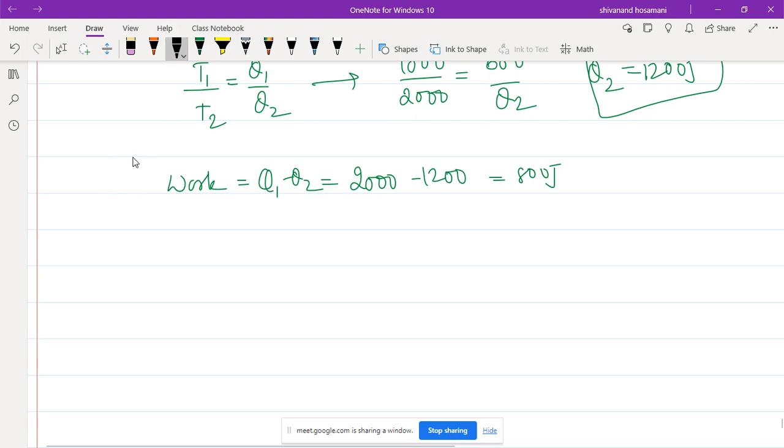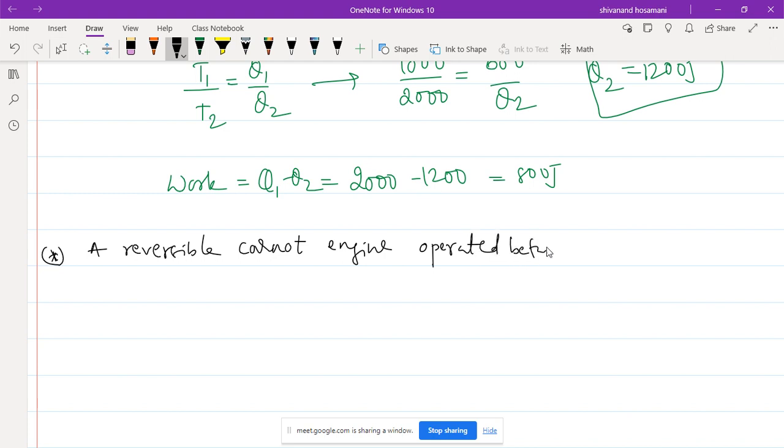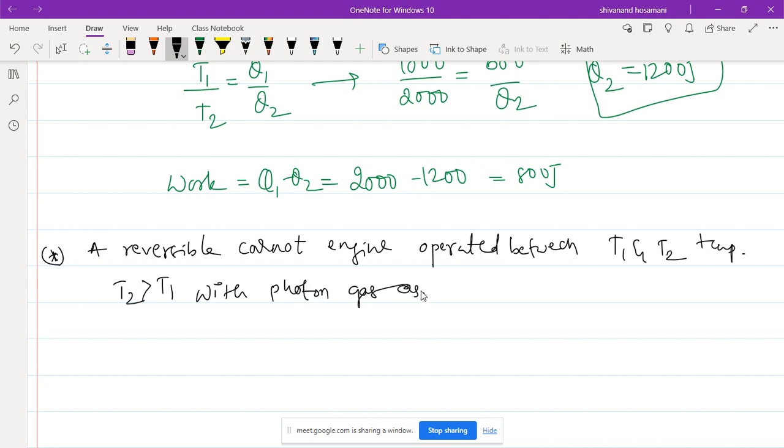A reversible Carnot engine operated between T1 and T2 temperature, where T2 is greater than T1, with the photon gas as the working substance. The efficiency of the engine is?